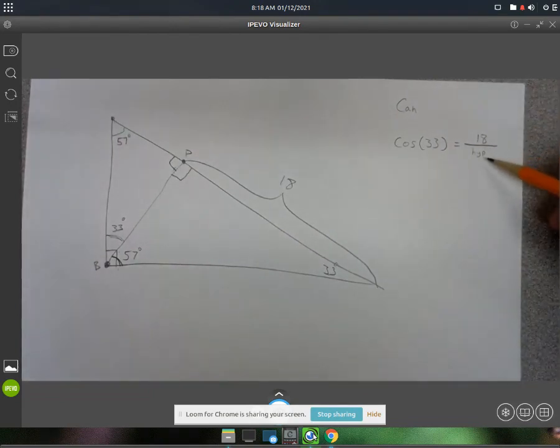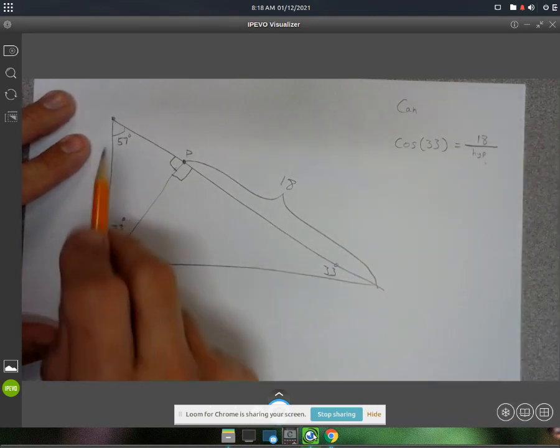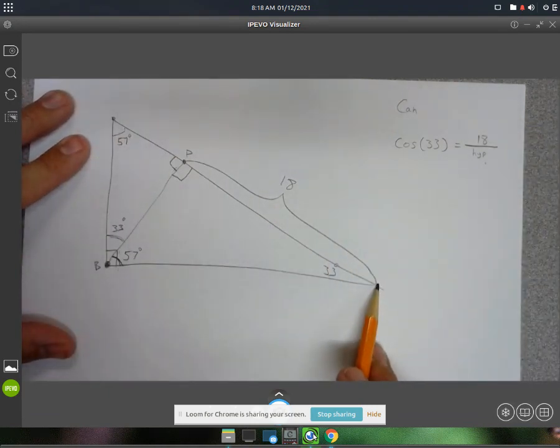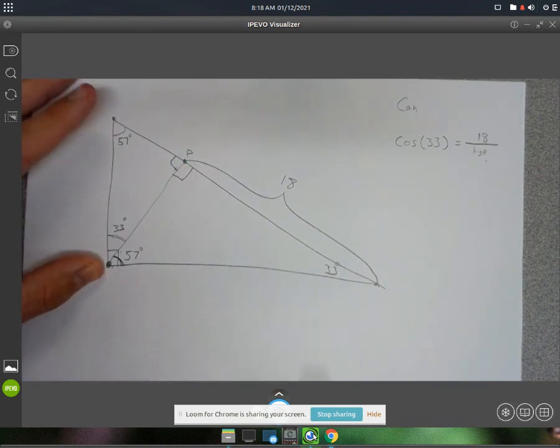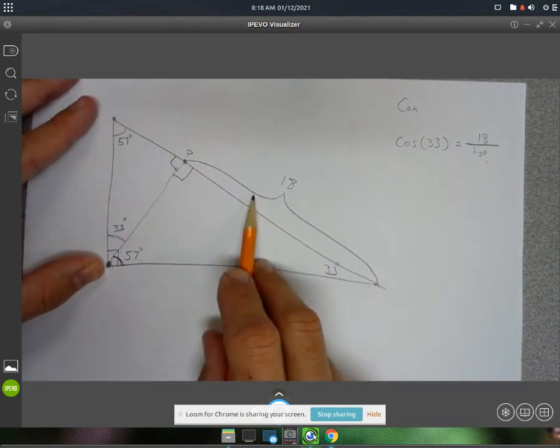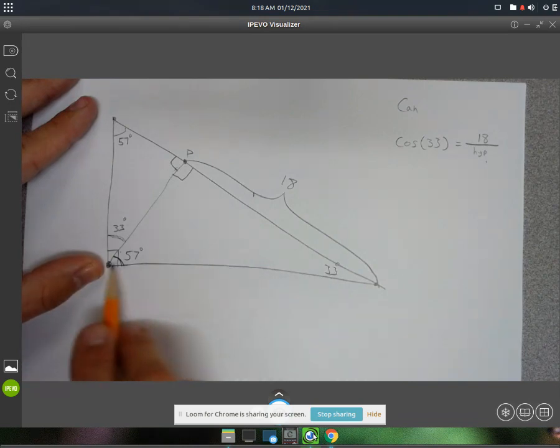To solve for my hypotenuse, which is not the overall hypotenuse, I'm just looking at this medium-sized triangle. The adjacent is the 18, and the hypotenuse is this bottom segment here.